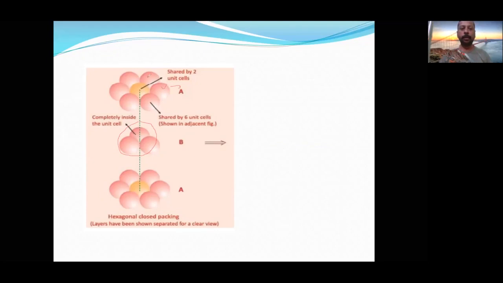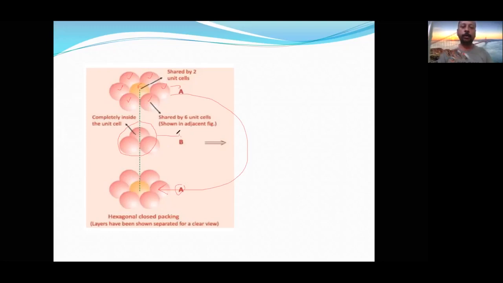See, this is a corner, this is a corner, this is a corner. Likewise, 6 corners you find, and this is the face center. A similar appearance you find here also, that's why this is also named A. But here, these are called the body center.